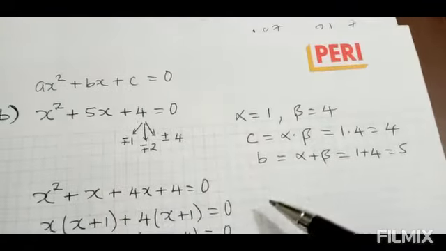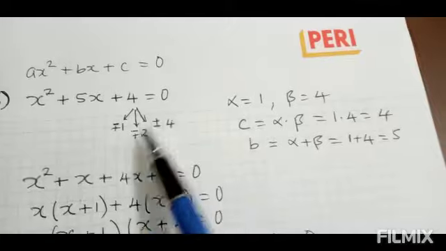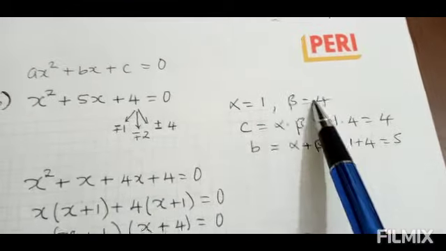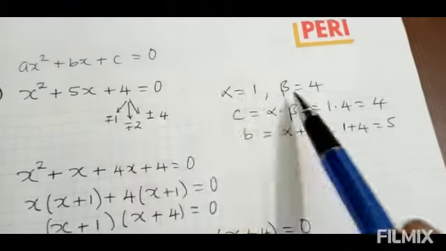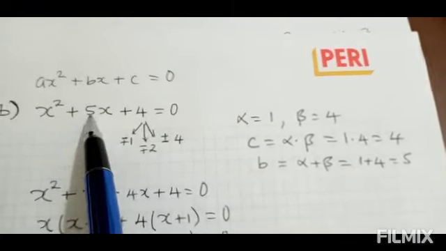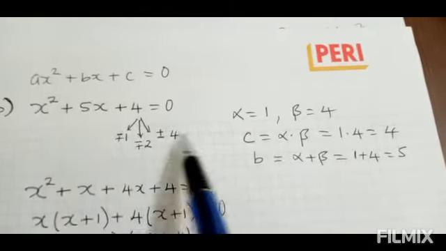So it's very easy to know that when we pick 1 times 4, we get 4. Then 1 plus 4 gives 5, which is the coefficient of x, the sum of the factors.